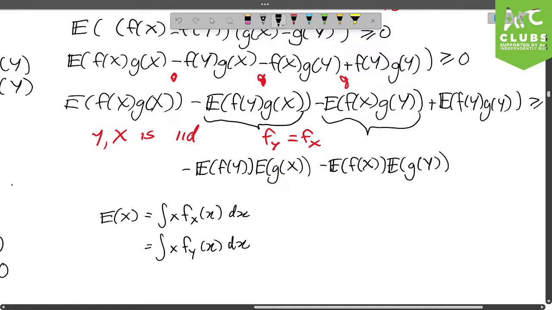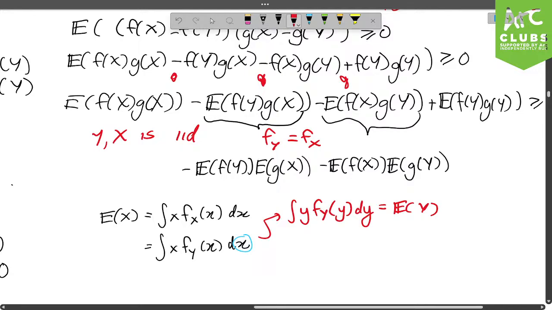But here's a trick that shows up a lot in mathematics: this is just a label. So I'm going to change the label to a y, and write this as the integral of y fy of y dy. And what's that equal to? That's just the expectation value of y.